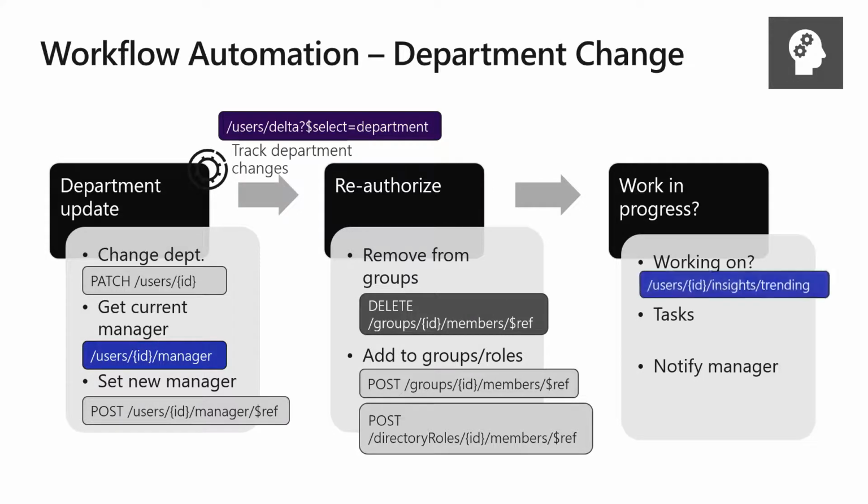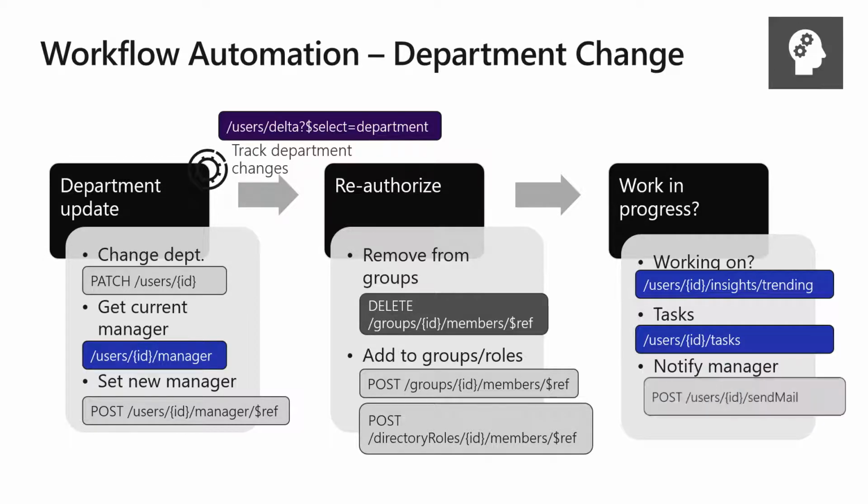So you can use some Insights APIs to see what the user's working on, look at the tasks that have been assigned to them in Planner, and then you can use all this information, bundle it up, and create an email that goes out to the user's old manager, new manager, and possibly somebody taking over their work with a nice itemized list of tasks that have links to detailed plans in Planner to let people know what the user was on point for that's still in progress, and make sure nothing gets dropped on the floor.